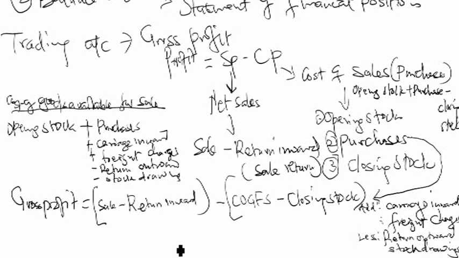So this is how we can get the gross profit. If we get the cost of goods available for sale, that is opening stock plus purchases and its adjustment, then you less closing stock. Whatever we get, we less from sales, less return inward, and you'll get our gross profit.